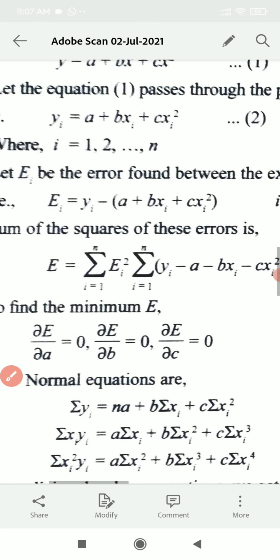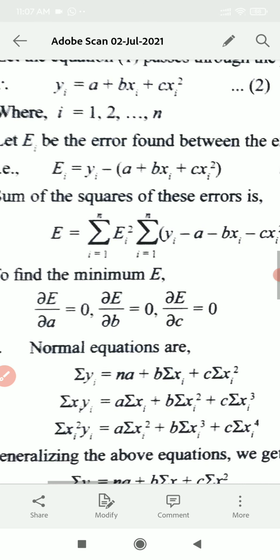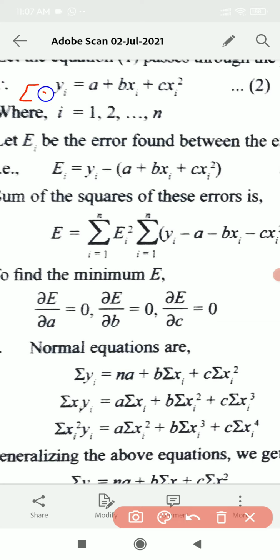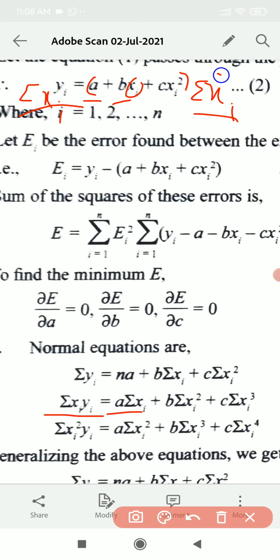If you put summation of xi on both sides, you will get summation of xi yi, which is here. Then a summation xi. Then b summation xi square, because one xi is here and another xi is here. Then c summation xi cube you will get here.